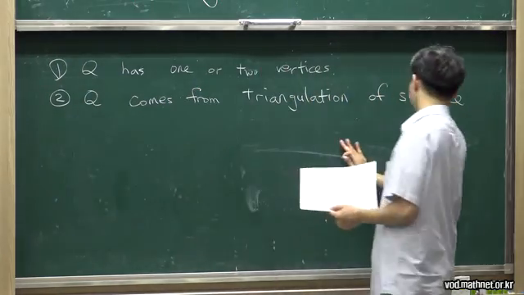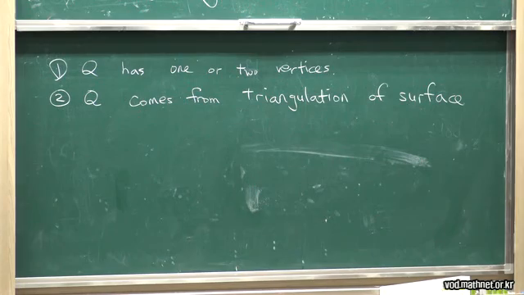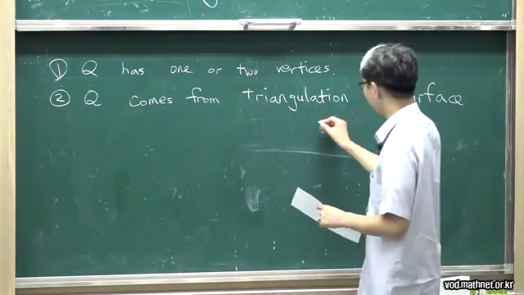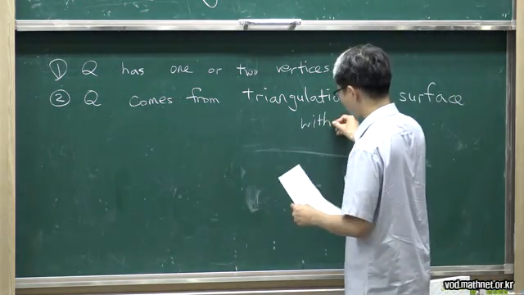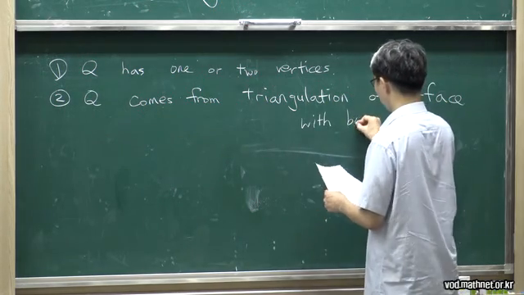When I say a surface is a Riemann surface, real dimension 2, it could have boundaries, it could have marked points.